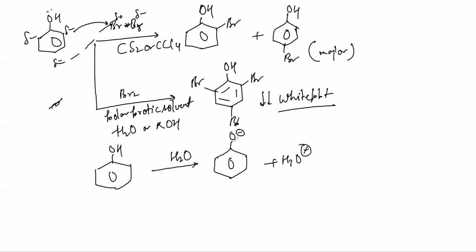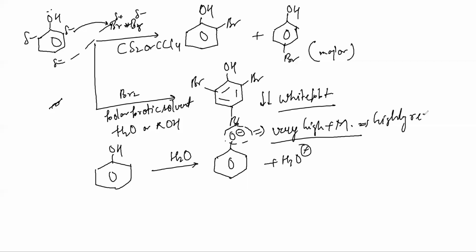So this turns into phenoxide, and this O minus has a very high plus M. Now, because of this very high plus M, it reacts thrice, not once. Are you getting this? It is highly reactive. That's why this happens. Okay, please complete this.